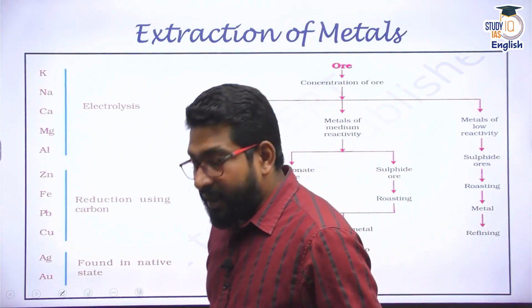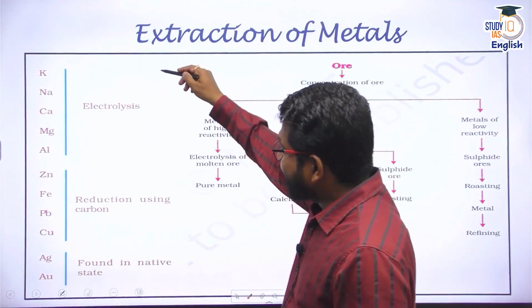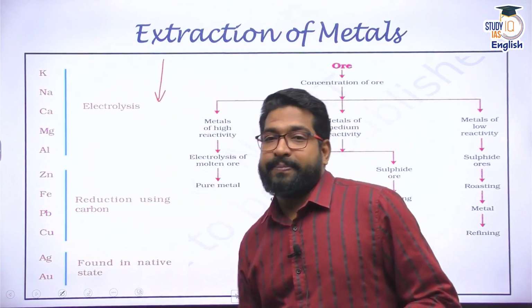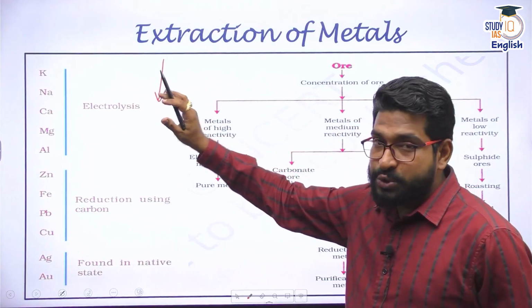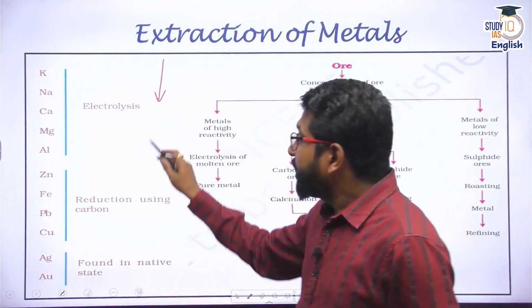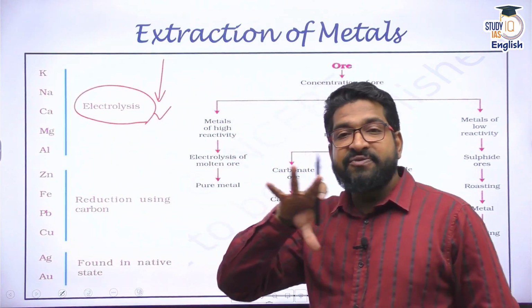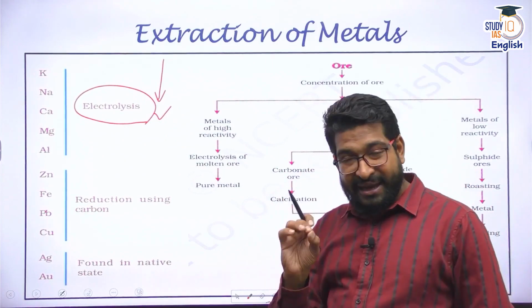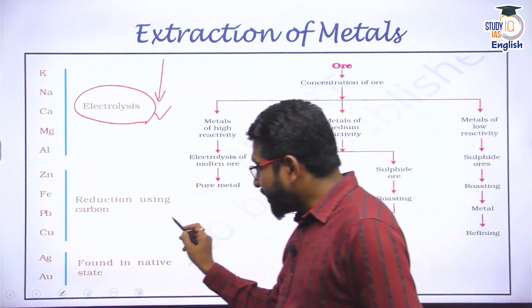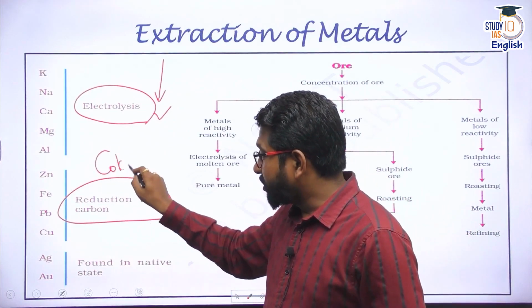See, exploiting a metal from its ore depends on its reactivity. If they are highly reactive, like potassium, sodium, calcium, etc., then you need electrolysis for it. If they are somewhere in the middle of the reactivity series, for example, zinc, iron, etc., for that you need reduction, and for this reduction you use coke.